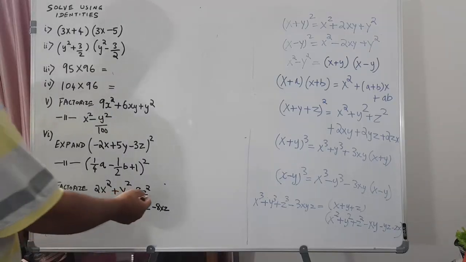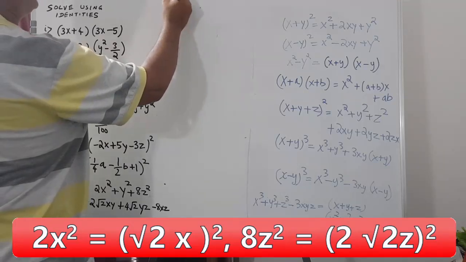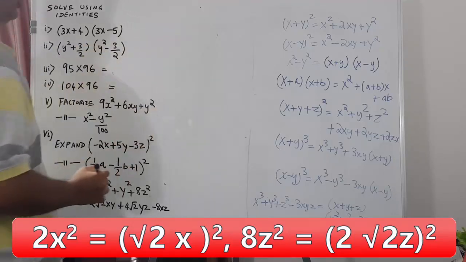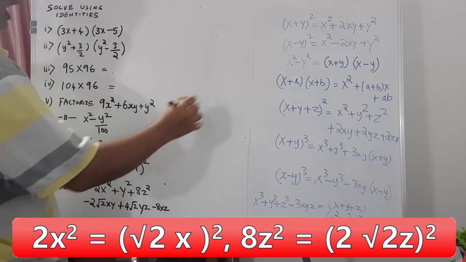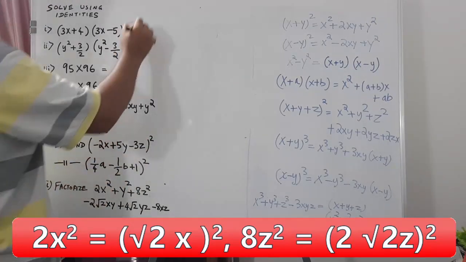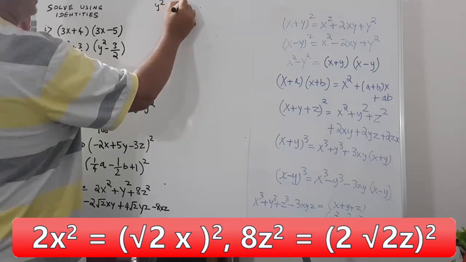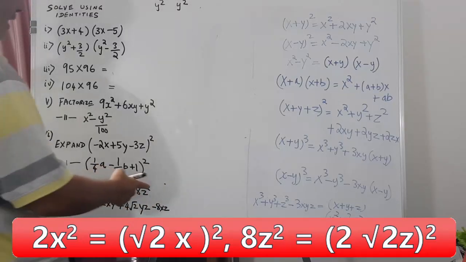Okay, so to factorize this, note that 2x squared we can write it as root 2x whole squared. So that will come in place of x. And in place of y we have y itself, so y squared can be taken as is, no problem, and in place of z squared we have 8z squared.